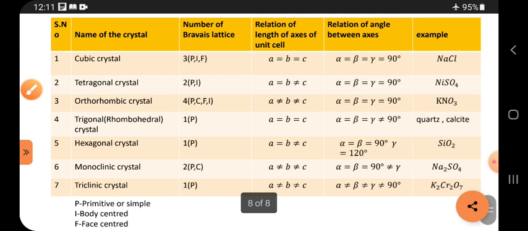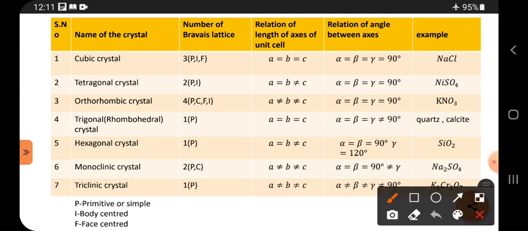With examples, this diagram is given. See here, the cubic crystal. How many Bravais lattices does a cubic crystal contain? 3. They are P, I, F. P stands for primitive, meaning simple; I body centered; F face centered. Tetragonal, 2 only. Orthorhombic, 4.